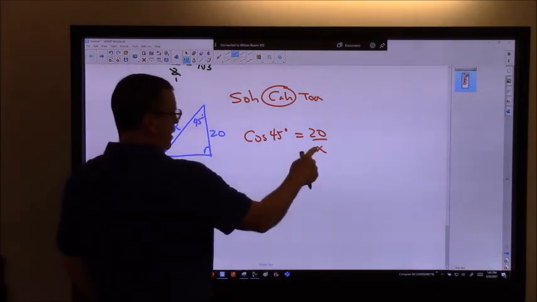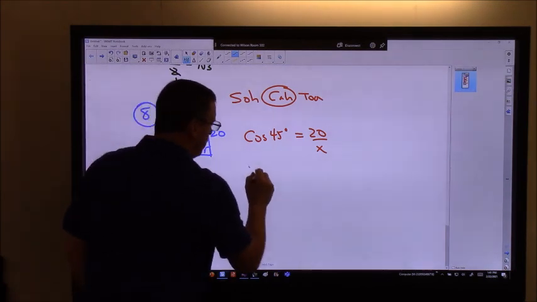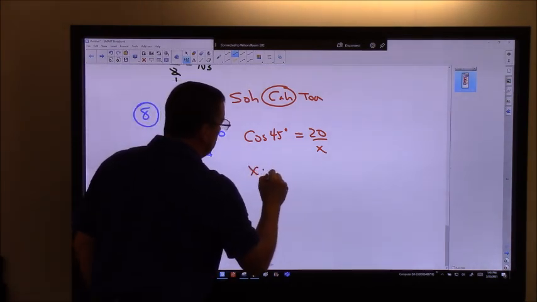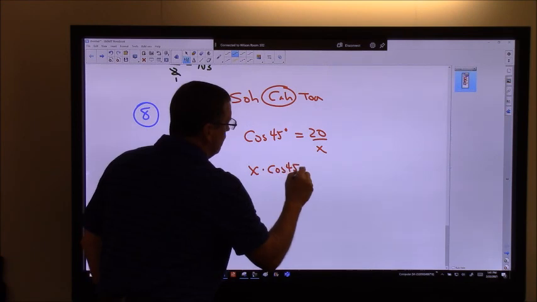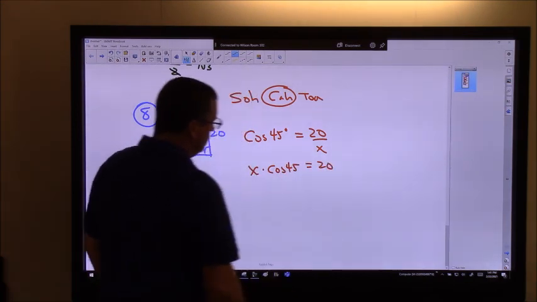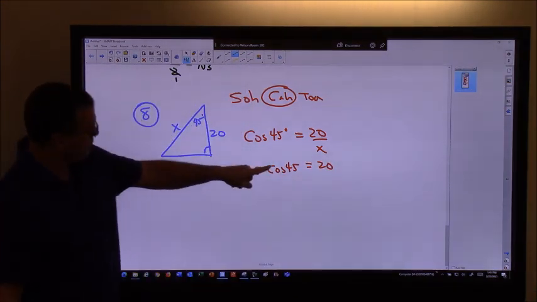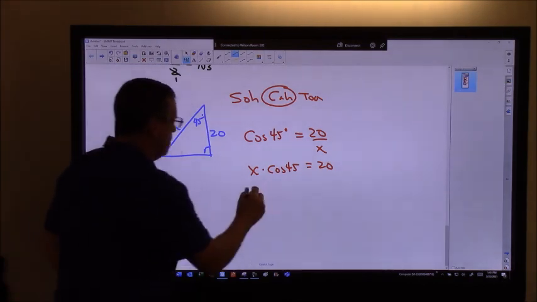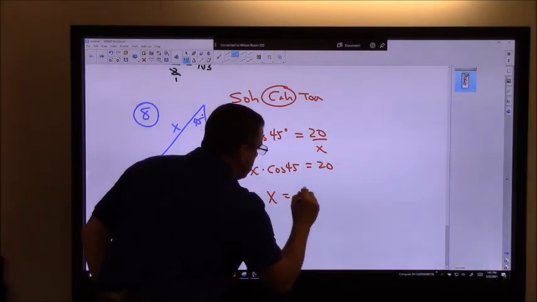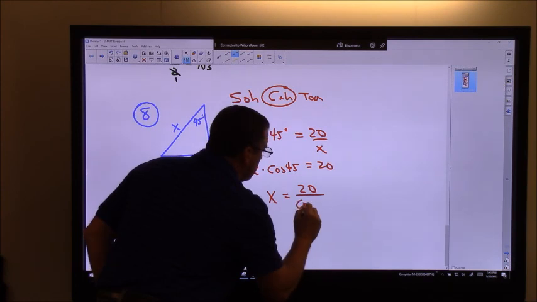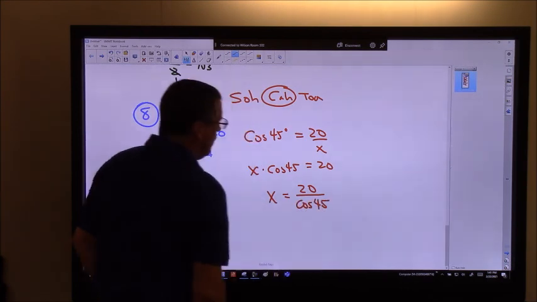So probably want to bring this x over here first. So I've got x times cosine 45 equals 20. Now to get x by itself, I'll bring this over and divide. So I've got x equals 20 over cosine 45.